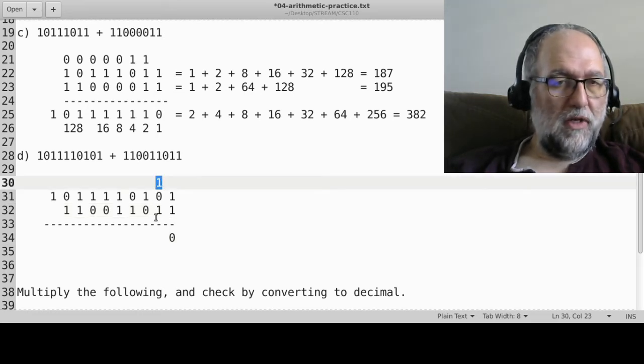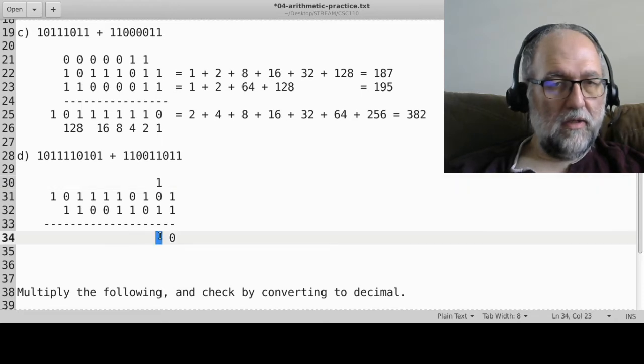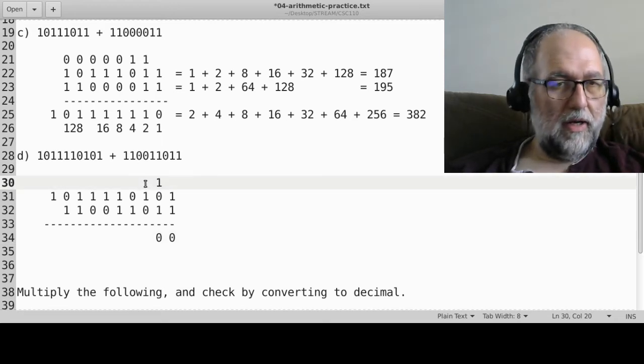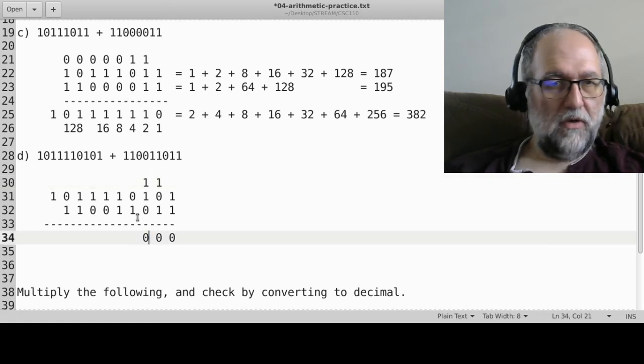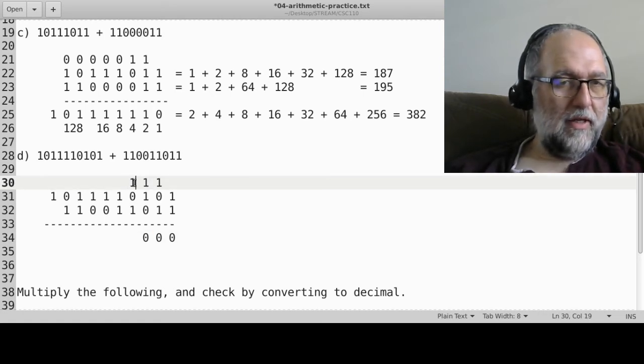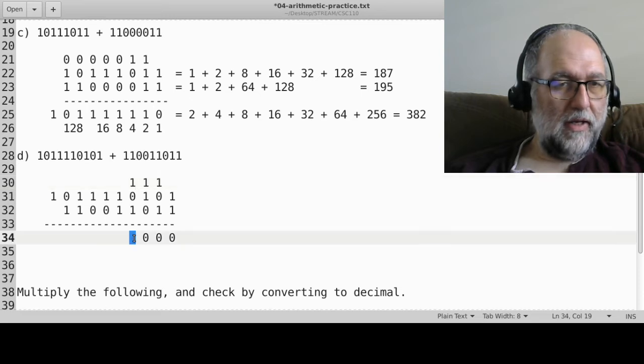And then you have 1 plus 0 plus 1 is 0, carry 1. Then you have 1 plus 1 plus 0 is 0, carry 1. Then you have 1 plus 0 plus 1, 0, carry 1.